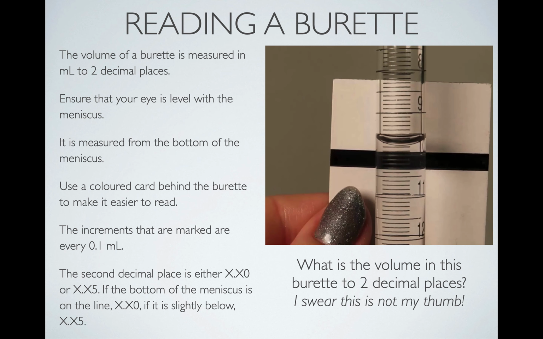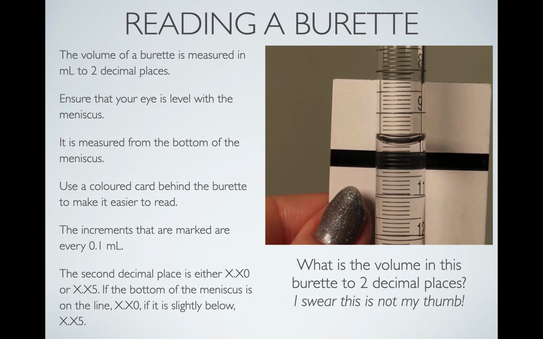You don't want to read it below, and you don't want to read it above, because there will be a slight difference between the bottom of the meniscus and the measurement. So if you're at a lower angle, you're going to have a much lower reading, and if you're at a higher level, you're going to have a much higher reading. So you want to be at eye level, and that's called parallax error.